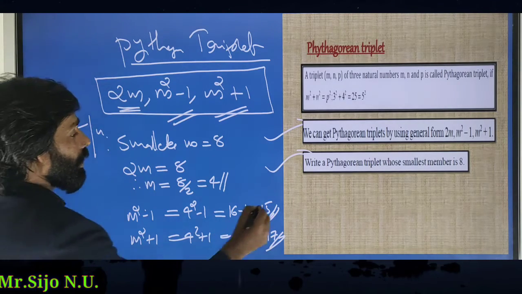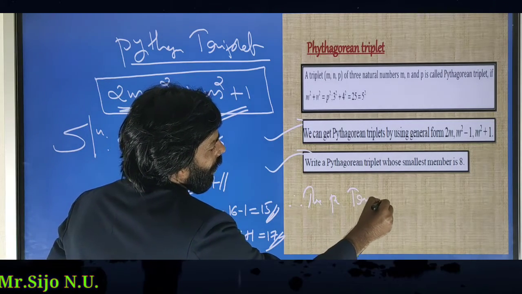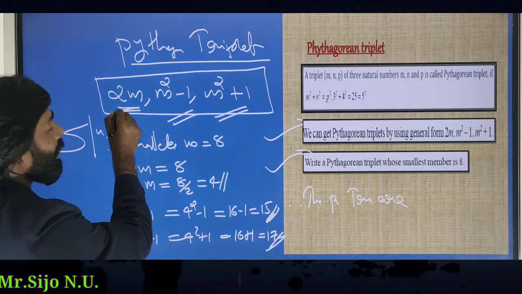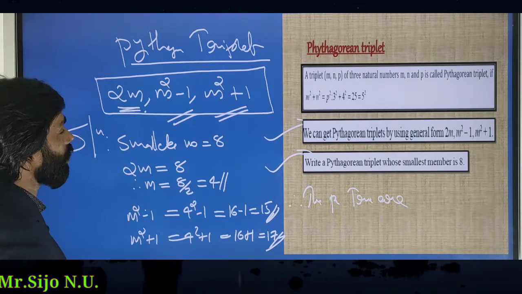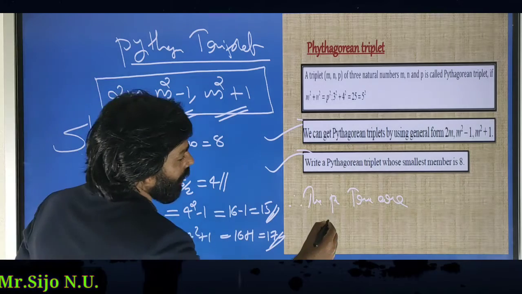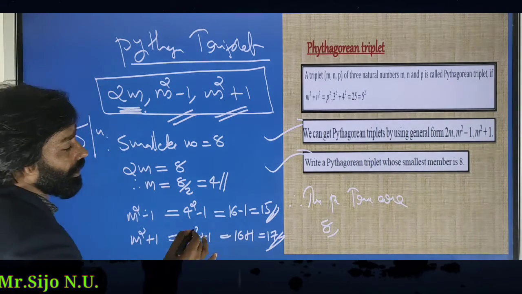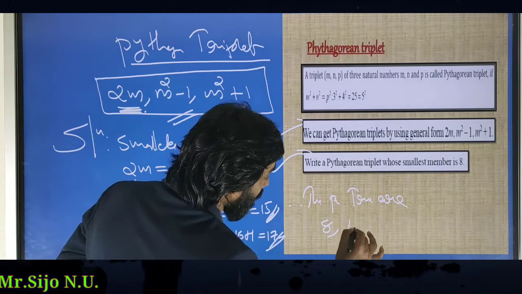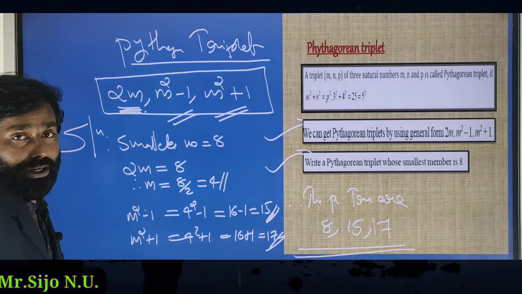So the Pythagorean triplet is 2m, that is 8, the smallest number, then 15, and 17.